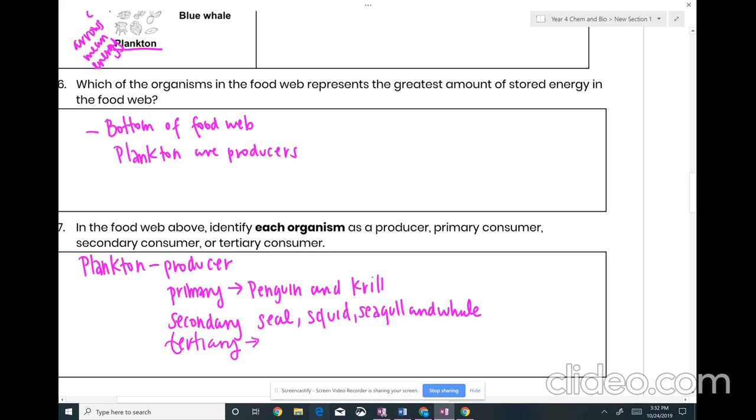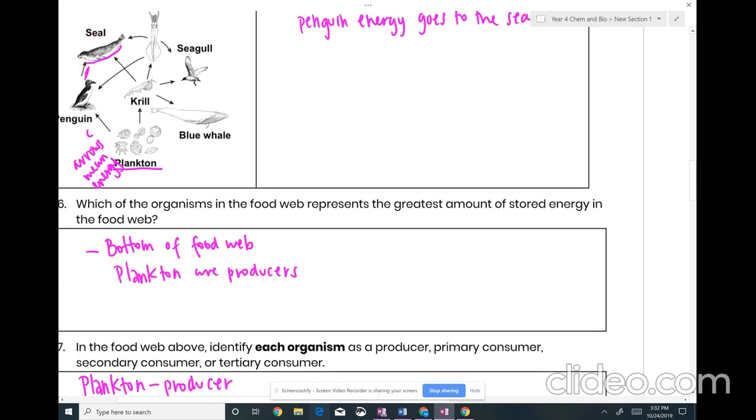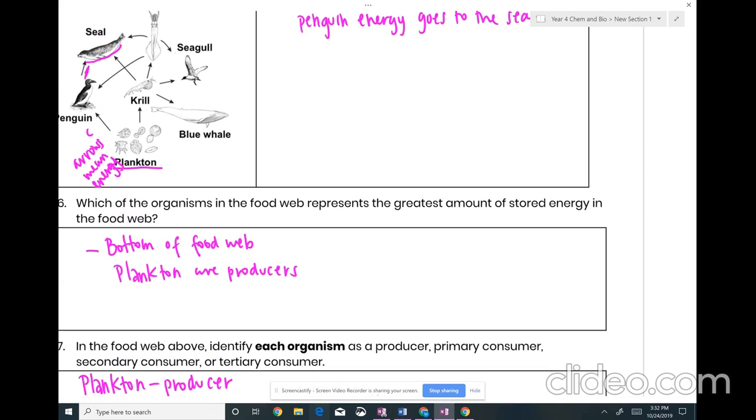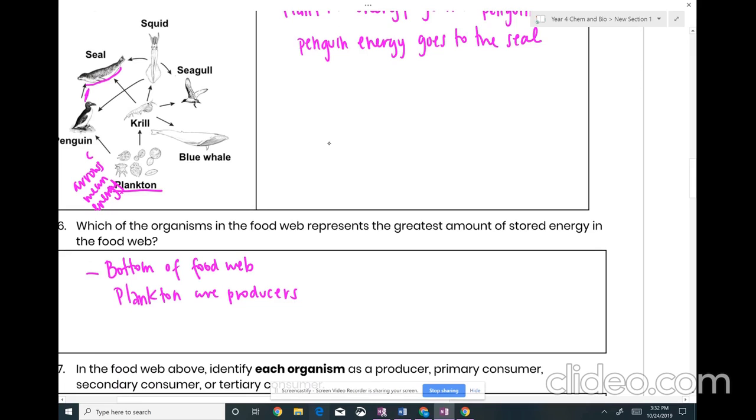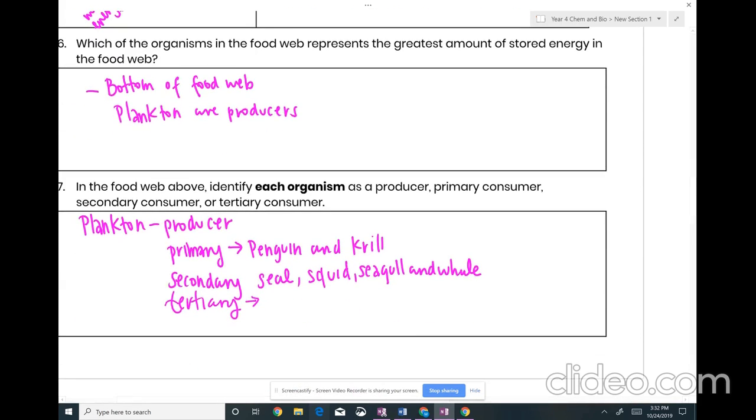So then I'm going to write tertiary, right? And in this case, I am going to have where my squid and seagull energy goes. So my squid is kind of in the middle over here, right? My squid can get eaten by my seal, my seagull, or my penguin. So I have my seal, my seagull, or penguin.